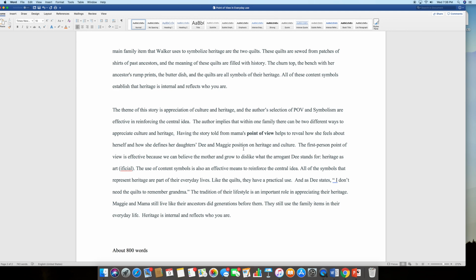Possessives and appositives together are going to present a problem. How could we do it? She feels her and how she defines. We know they're the daughters. Dee and Maggie's. Now we could make the last one possessive. Position and heritage and culture.